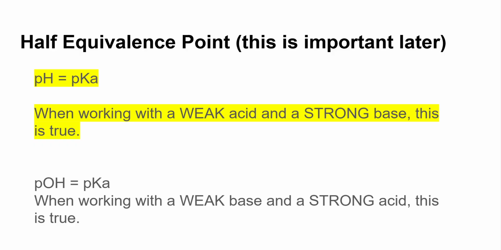So if you've got a weak acid that is trying to be the buffer and a strong base that comes in, your half equivalence point for these two is when your pH is equal to your pKa. That's the moment, and this is really important. And the pOH can also equal pKa when you have a weak base working with a strong acid.